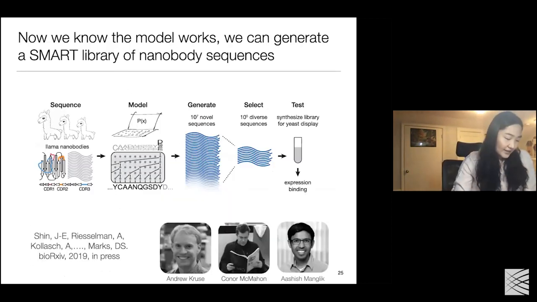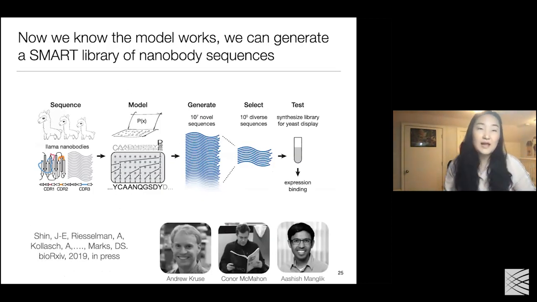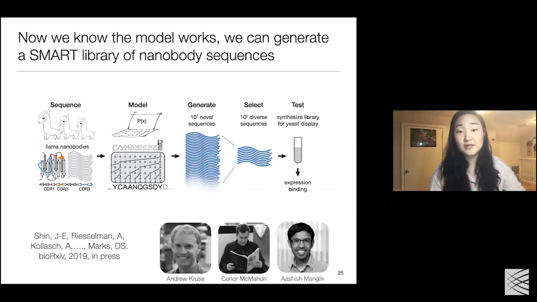Great. Awesome. And so now that we've validated the model works, we can go ahead and generate a smart library of nanobody sequences. And this work is in bioRxiv and is to be published very soon, and has been done very closely with Andrew Cruz, Connor McMahon, and Ashish Manglik.